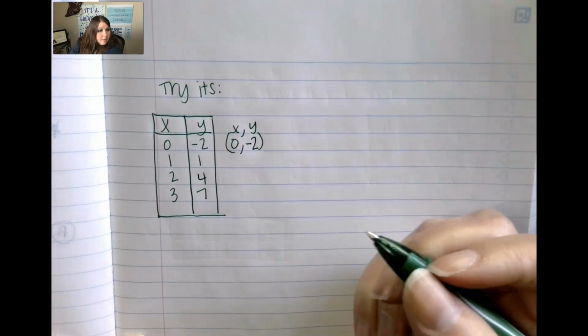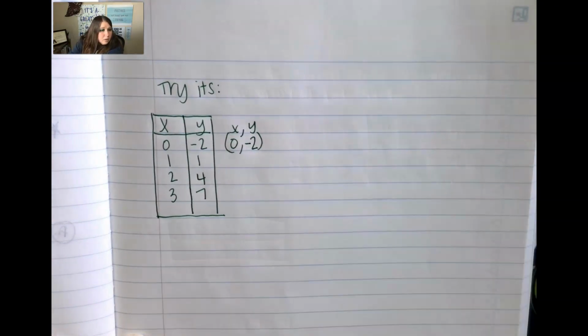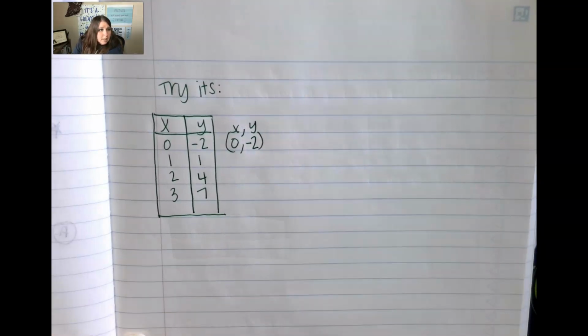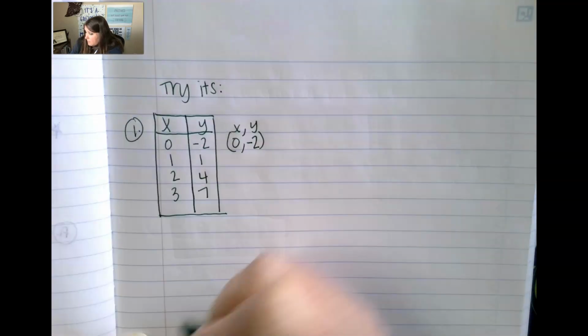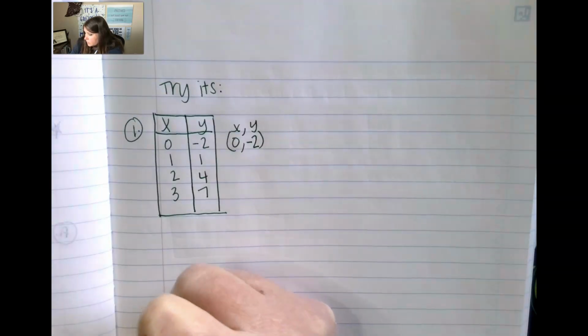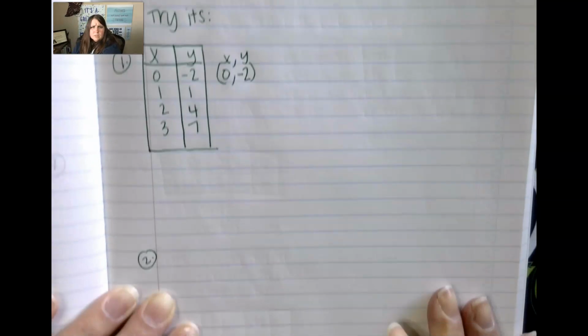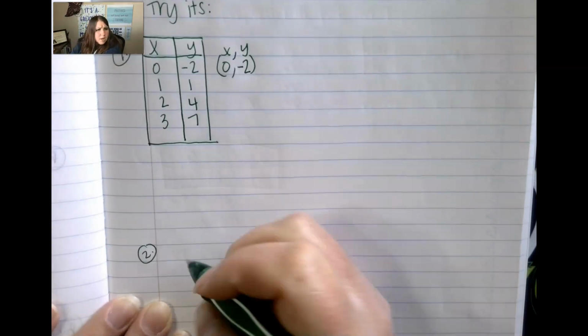And then the next one that we're looking for is try-it number 2. So here's try-it number 1 and try-it number 2. Okay, try-it number 2.